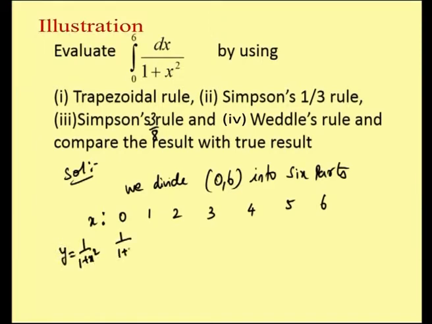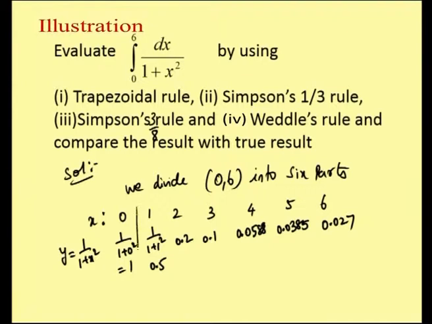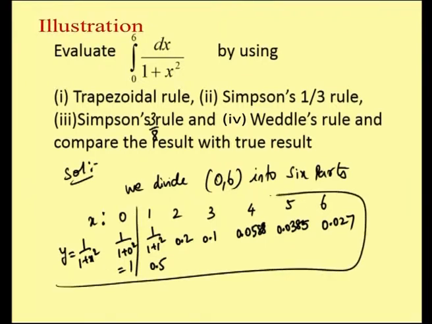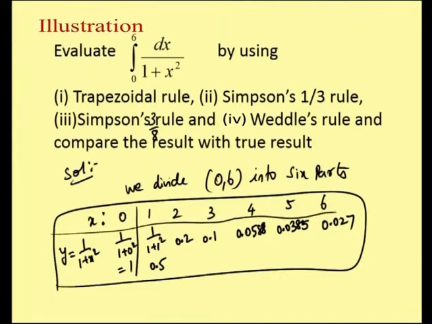So, 1 by 1 plus 0 squared is 1. Similarly, 1 by 1 plus 1 squared is 0.5, 0.2, 0.1, 0.0588, 0.0385 and 0.027. So, we have formed the tabular column for calculation by the trapezoidal rule, Simpson's 1/3 rule, Simpson's 3/8 rule as well as Weddle's rule.